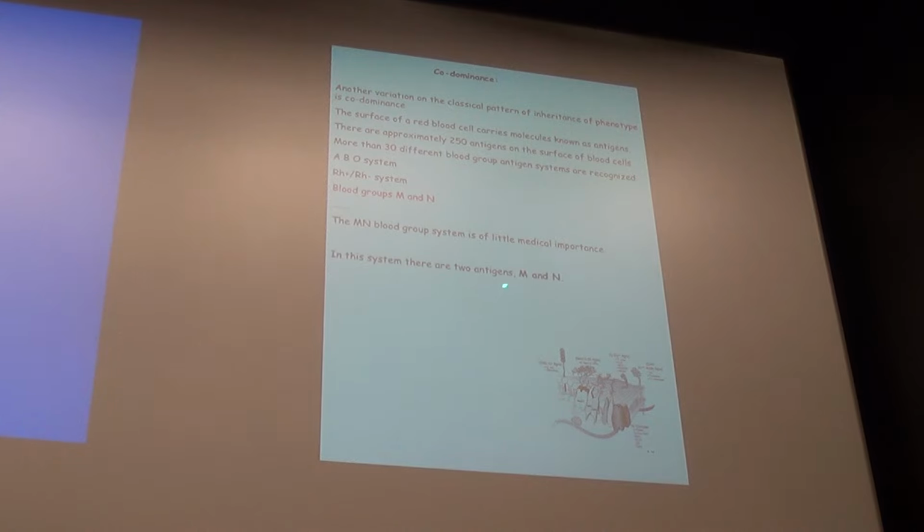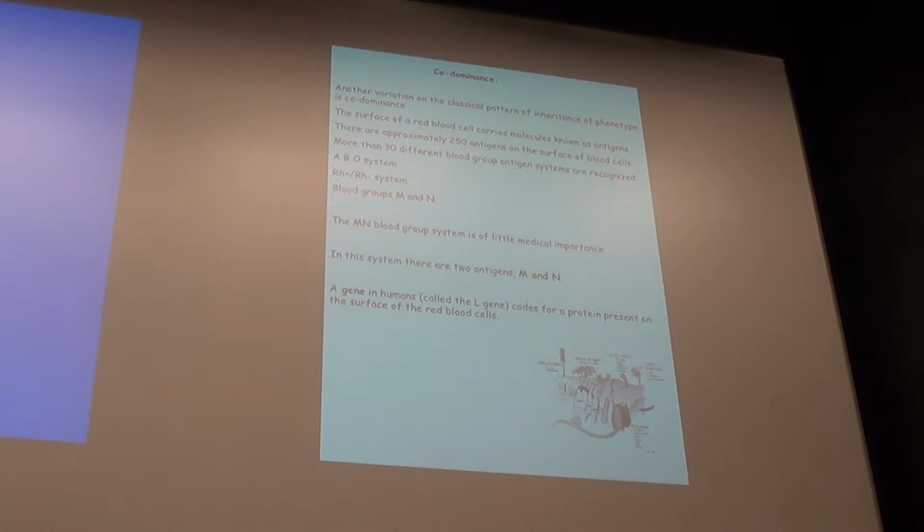But there are two antigens, the M antigen and the N antigen. There is a gene called the L gene, which codes for a protein that's present on the surface of the red blood cell. And there are two forms of the protein that are made by this gene. One version of the L gene produces the M antigen, and another version produces a protein that makes the N antigen.